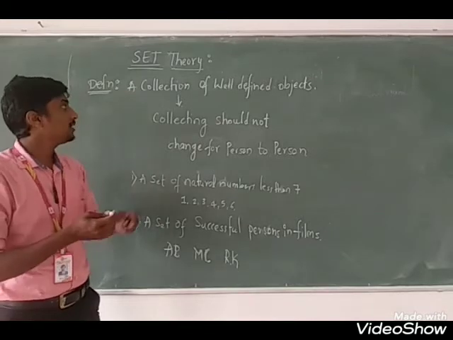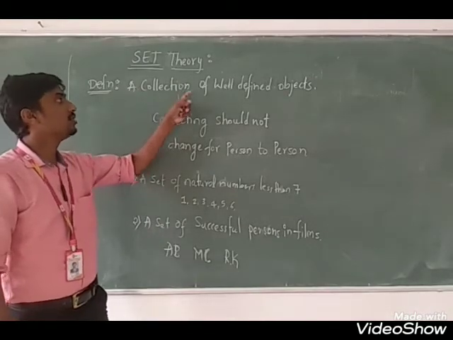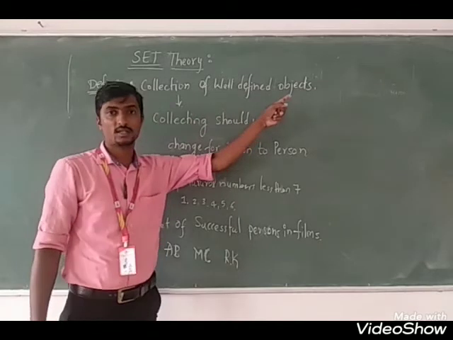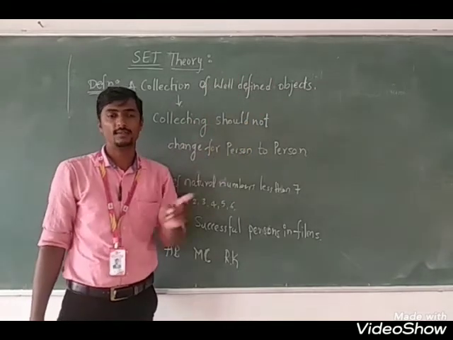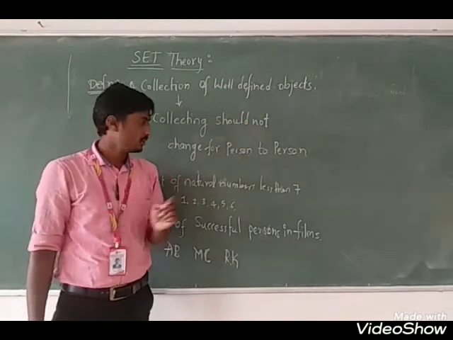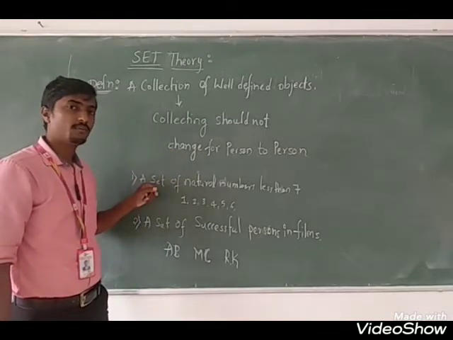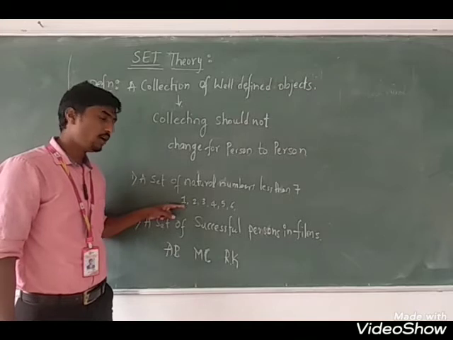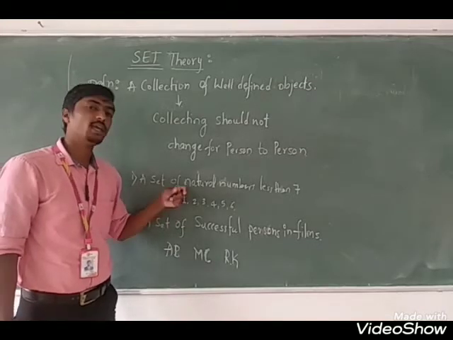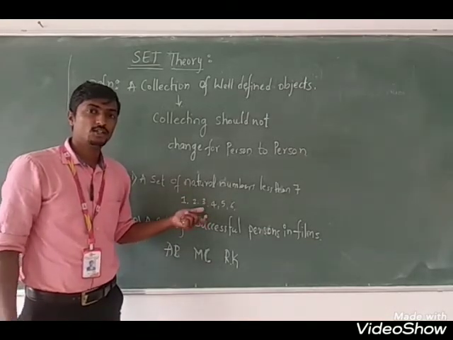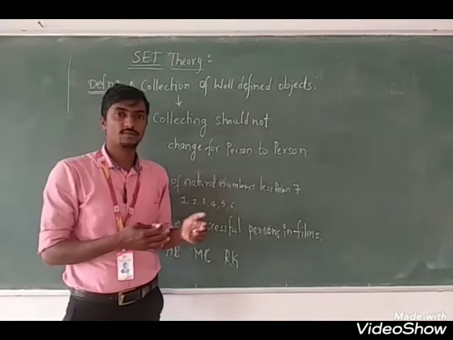So that's why the definition says the collection of well-defined objects is called a set. The first point is the collection of well-defined objects, because these objects should not change anywhere or from person to person.